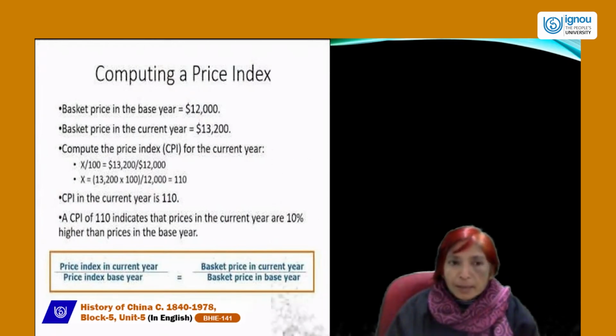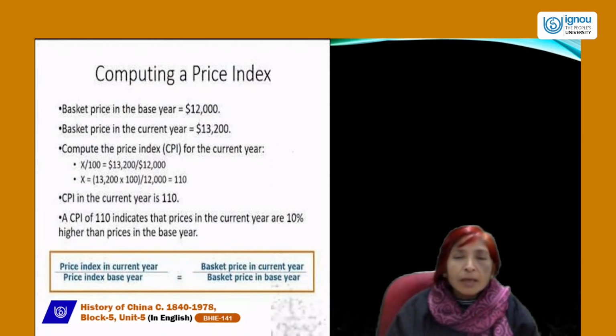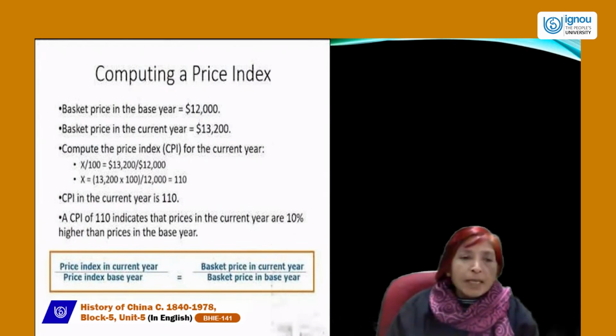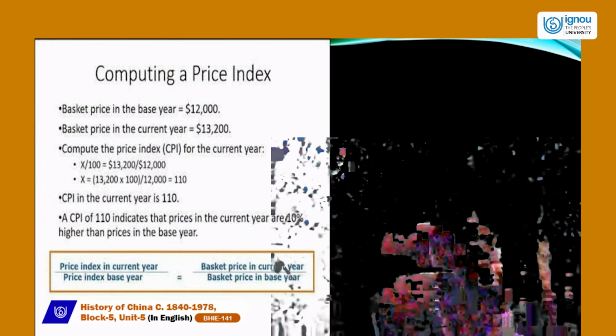Now compute the price index, or CPI, Consumer Price Index, for the current year. Now what formula will we use? Price index in the current year divided by price index base year.